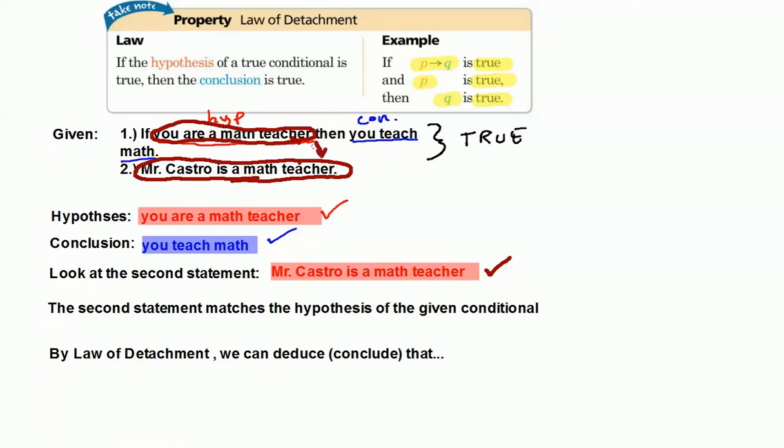If these two statements are the same, then you can just repeat the conclusion, and that's going to be true. So therefore, by law of detachment, we can conclude that Mr. Castro teaches math.